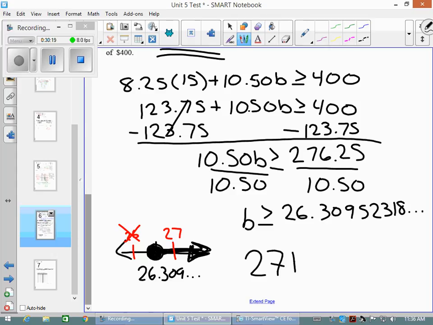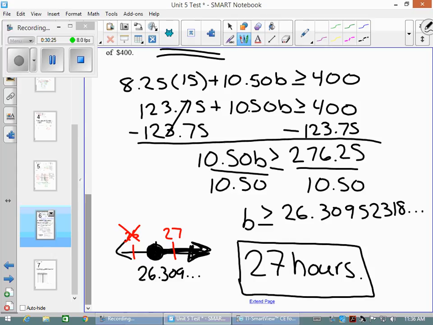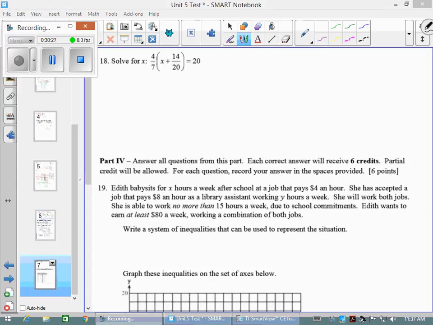For number 18, I want to solve for x. So what I'm going to do to get rid of that 4/7 that is being multiplied in is I'm going to multiply by 7 over 4 on both sides. When I do that, I'm going to be left with x plus 14 over 20, and that is going to equal 35.